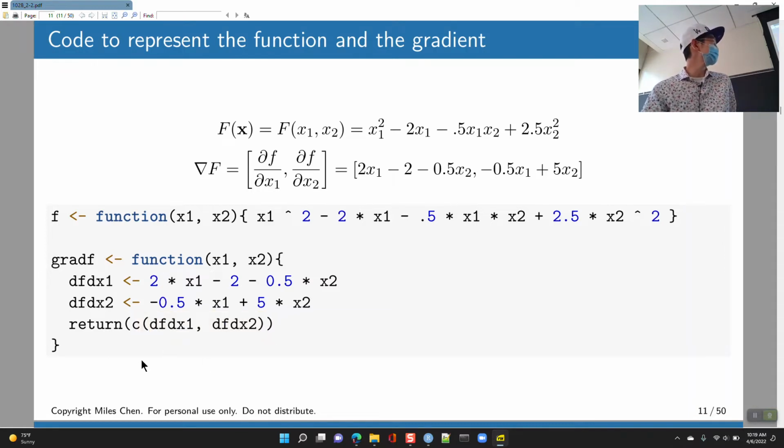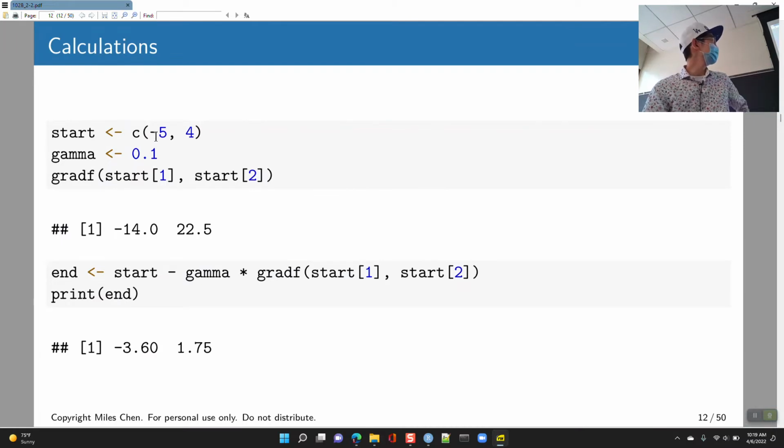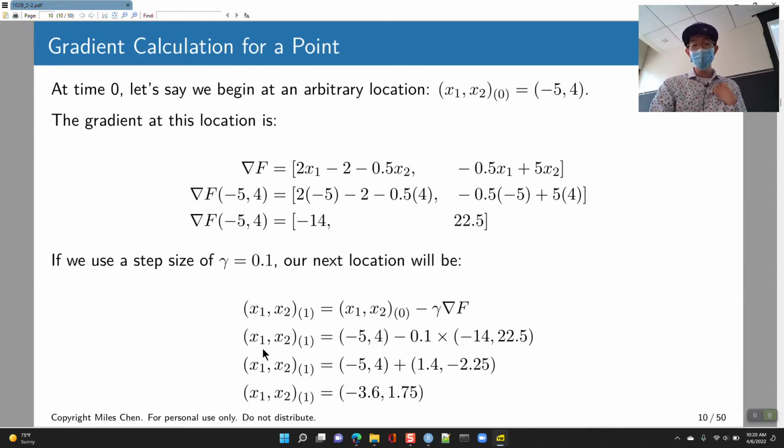If I start off at -5, 4, with gamma, I can plug the start components into the gradient of f, and it gives me back -14.0, 22.5, which is what we found. Then the starting point minus gamma times the gradient gives the same value, -3.6, 1.75, which is what we found when we solved it ourselves.